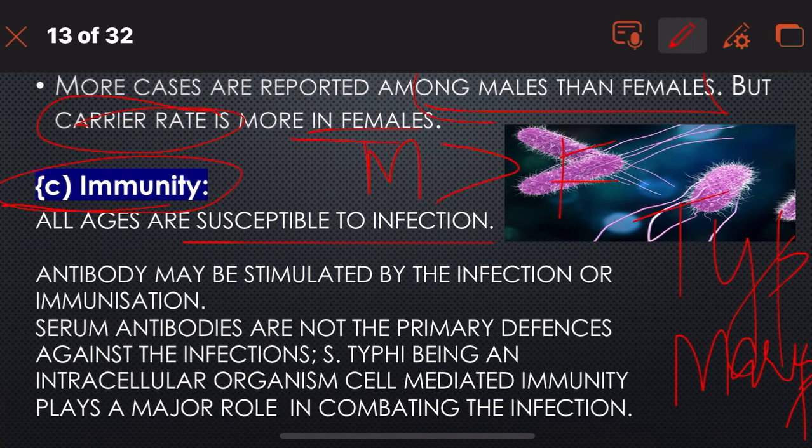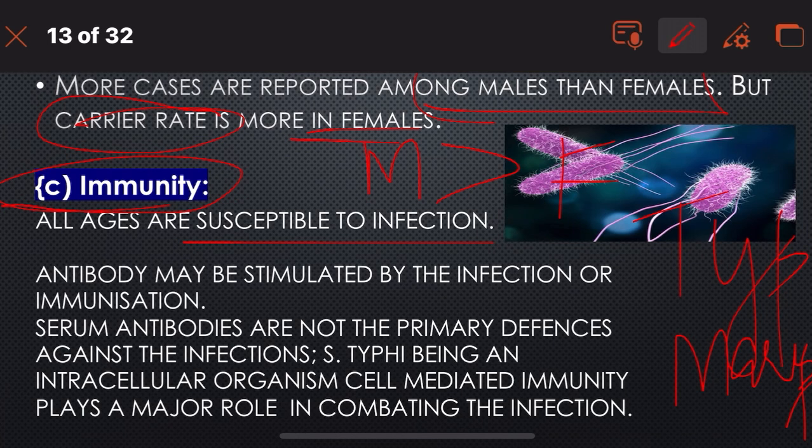Salmonella typhi being an intracellular organism, cell mediated immunity plays a major role in combating the infection.